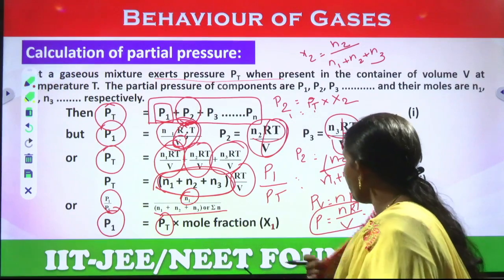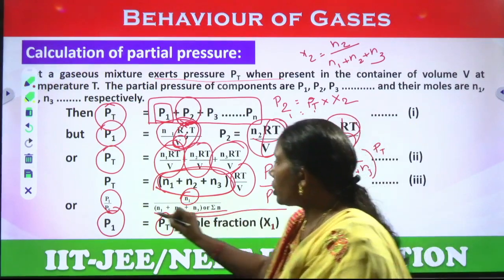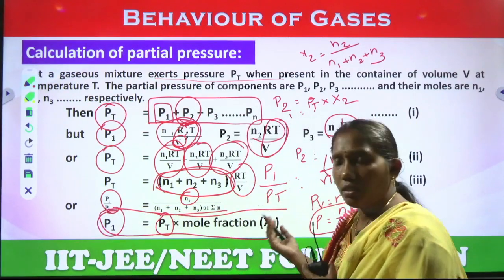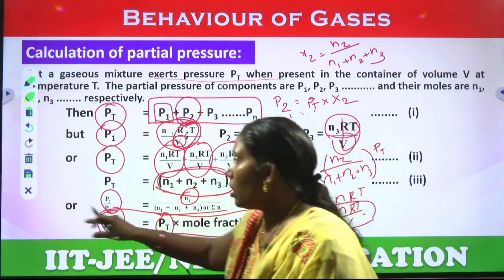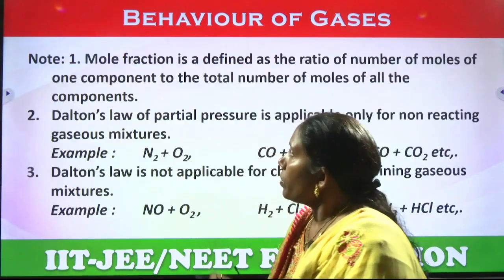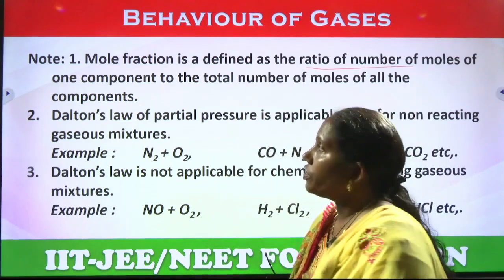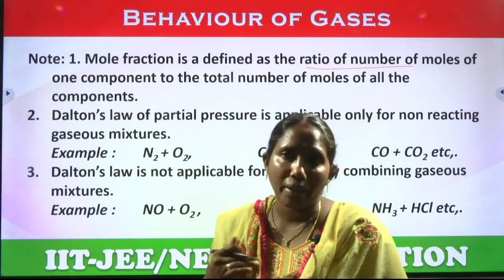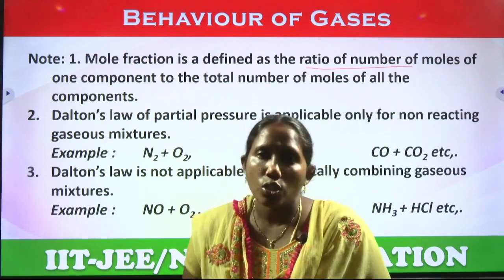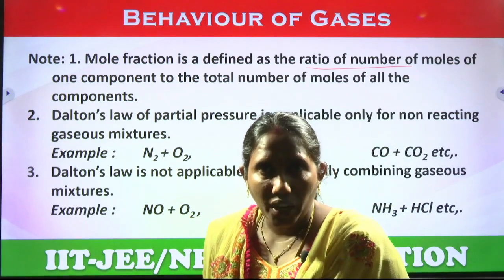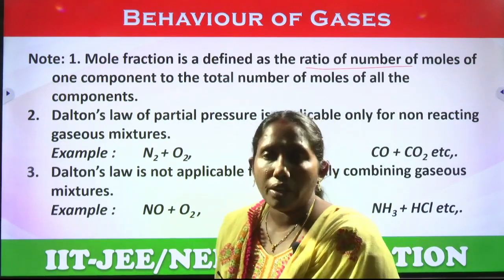So this is the formula to calculate the mole fraction, or partial pressures using mole fractions. Here the mole fraction is defined as the ratio of the number of moles of one component to the total number of moles of the solution or mixture.